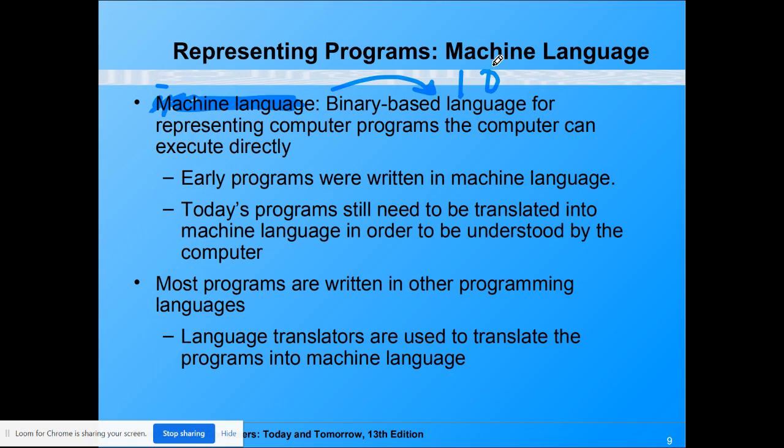So, that's what we discussed earlier. The reason why we have ASCII, and EBCDIC, or EBDIC as others call it, and Unicode.